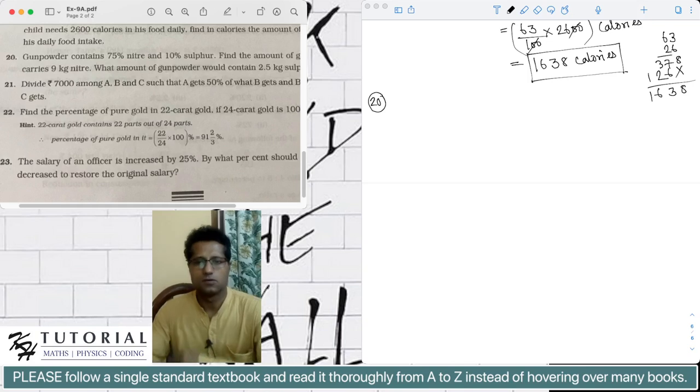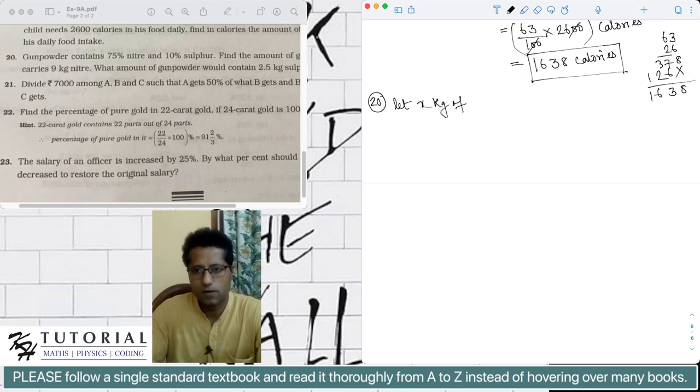Okay. So let x kg of gunpowder contain 9 kg niter.